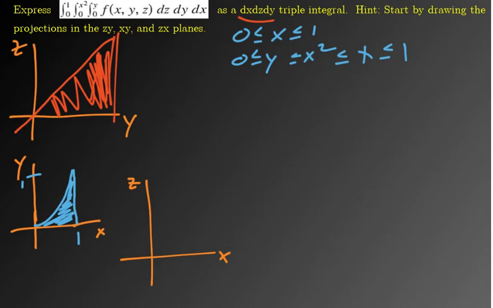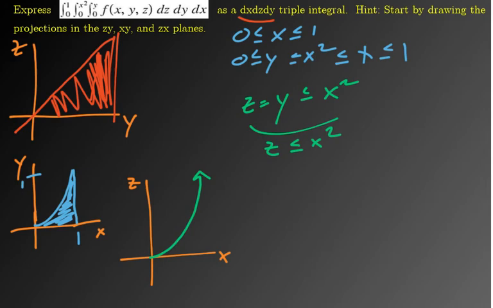Then for the last one, you have to pull in the first bound again. Remember, in the first bound we're saying that z is equal to y. But we also knew that y was less than or equal to x squared. So that also means z is less than or equal to x squared. So in this plane, here's part of my z equals x squared.